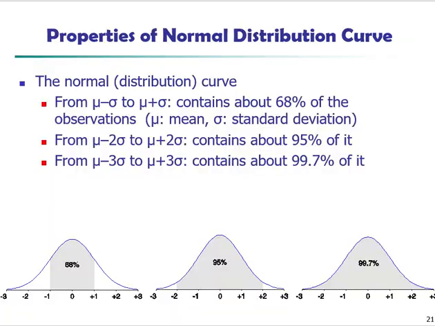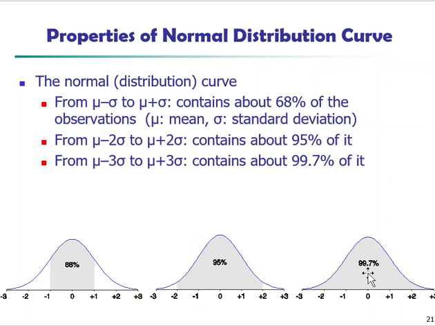So for example, when you have normally distributed data, you can say that from the mean, the one standard deviation range covers 68% of all the data. And 2 standard deviation range covers 95% of the data.